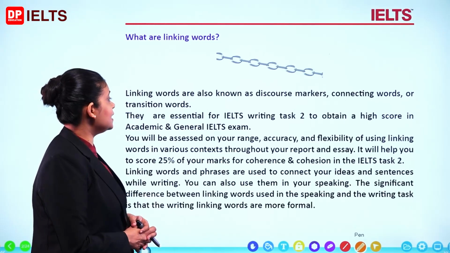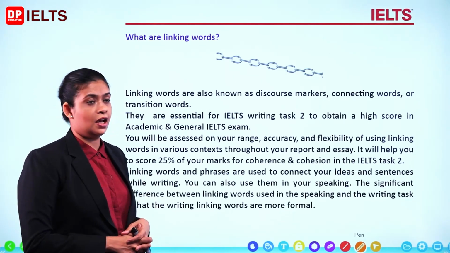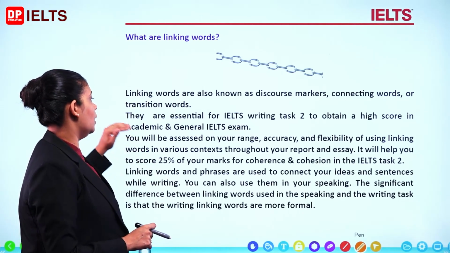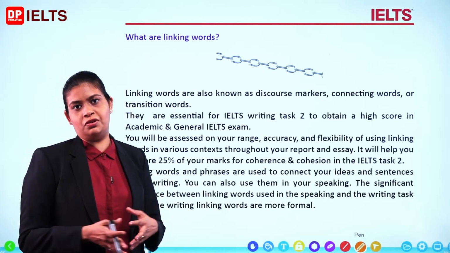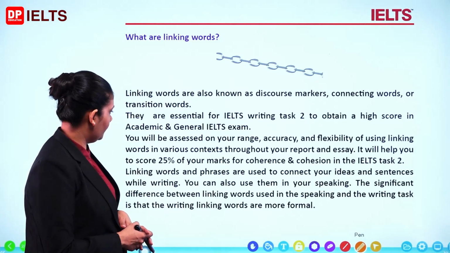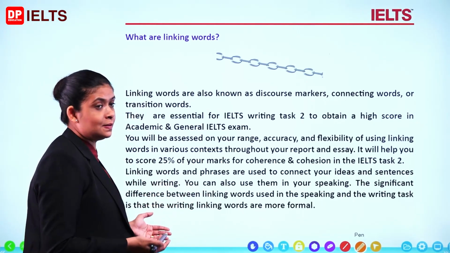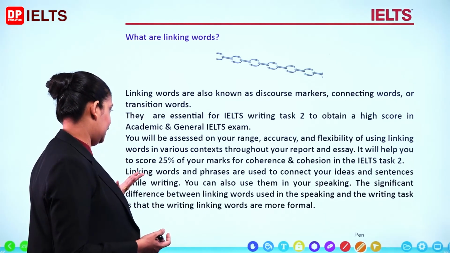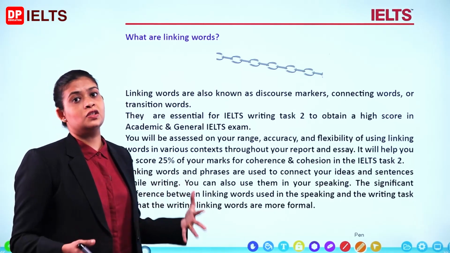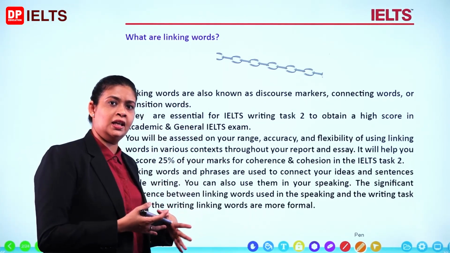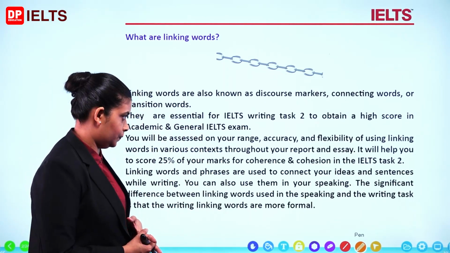Now, they are essential for IELTS writing task 2 to obtain a high score in your academic as well as your general IELTS exam. You will be assessed on your range and flexibility of using these linking words in various contexts throughout your report. Report is your task 1 as well as your task 2.